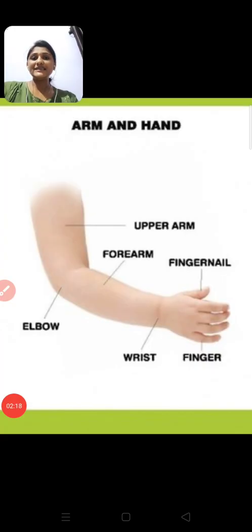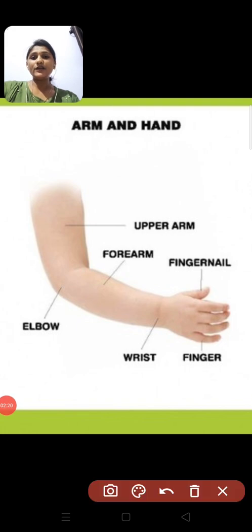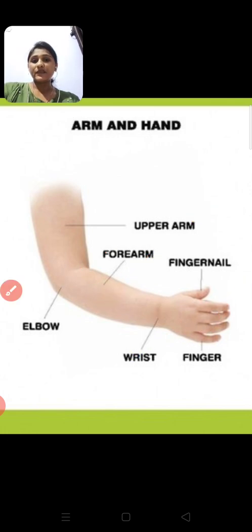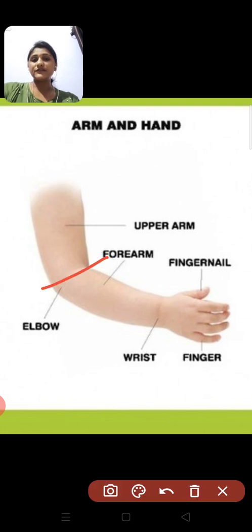Okay, let us see which other body parts come under this. You can clearly see how the hand is divided into upper arm, forearm and your hand. See children, this is upper arm dividing from the elbow. This is your elbow.